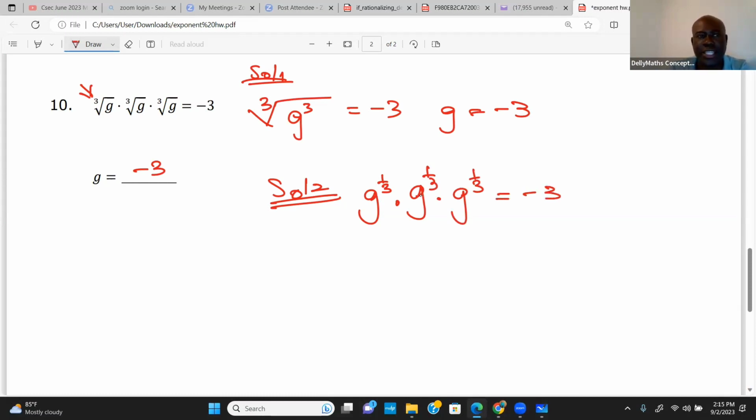On my left side here, I'm noticing that I am multiplying the same base, which means I'm going to add my exponents.